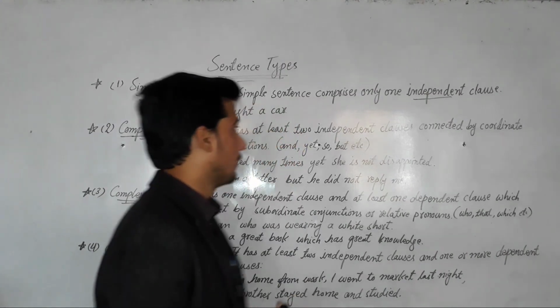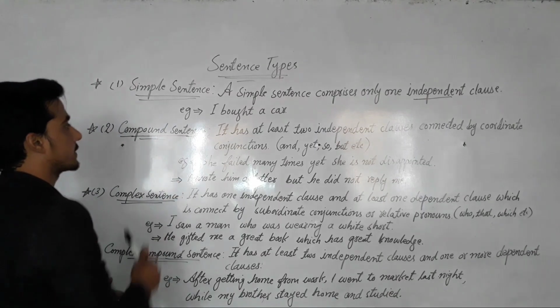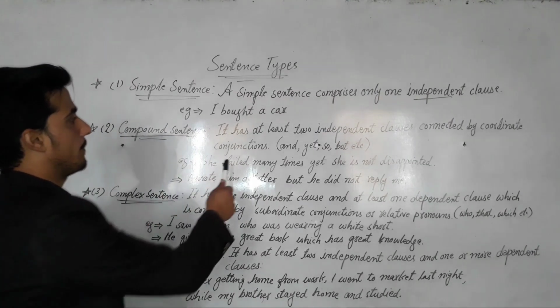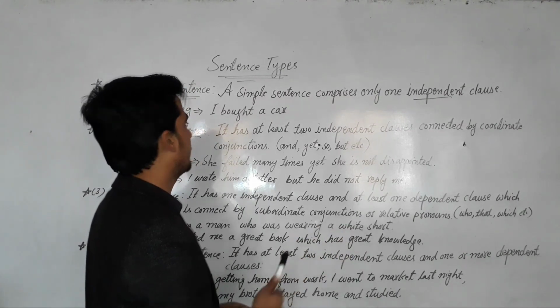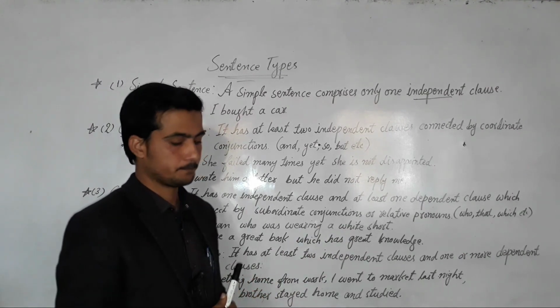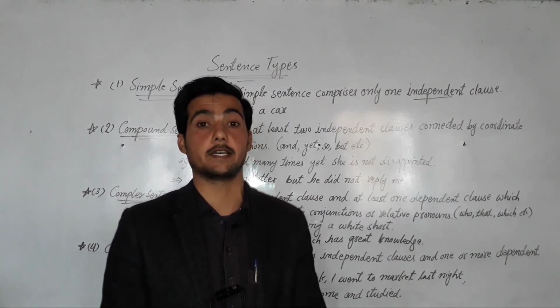Okay, look at the second one. We can call it simply compound sentence. A compound sentence has at least two independent clauses connected by coordinate conjunctions. Earlier, in the simple sentence, we talked about the independent clause.